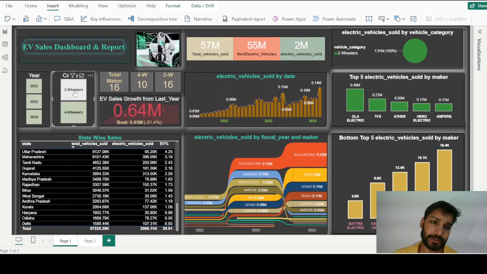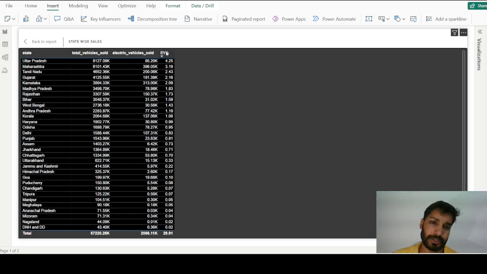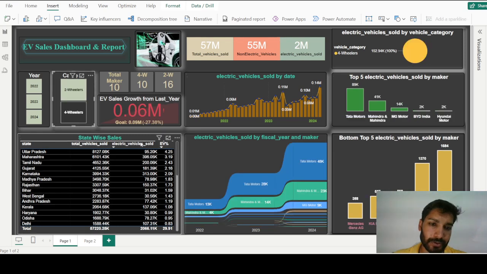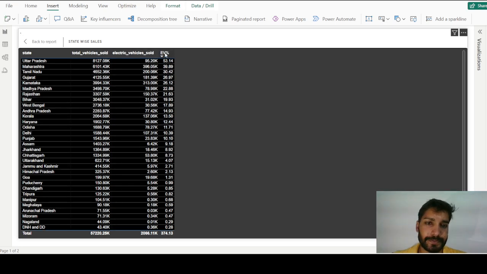We will also analyze two-wheeler sales. Two-wheeler is also doing great in EV sales in UP, and for four-wheeler, which state is doing great, I think that is also UP. So in Uttar Pradesh, we are doing good in EV sales.